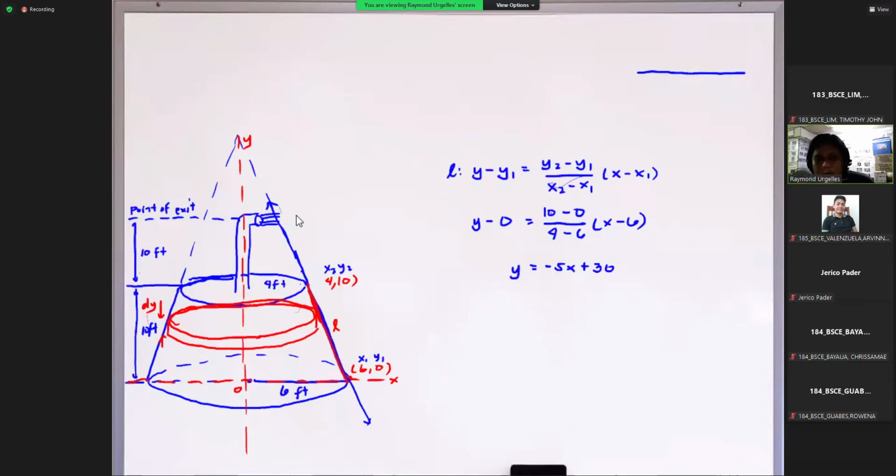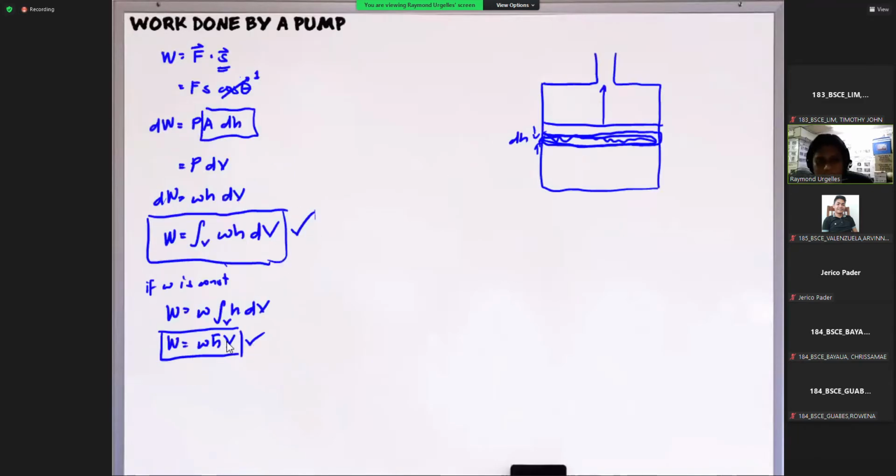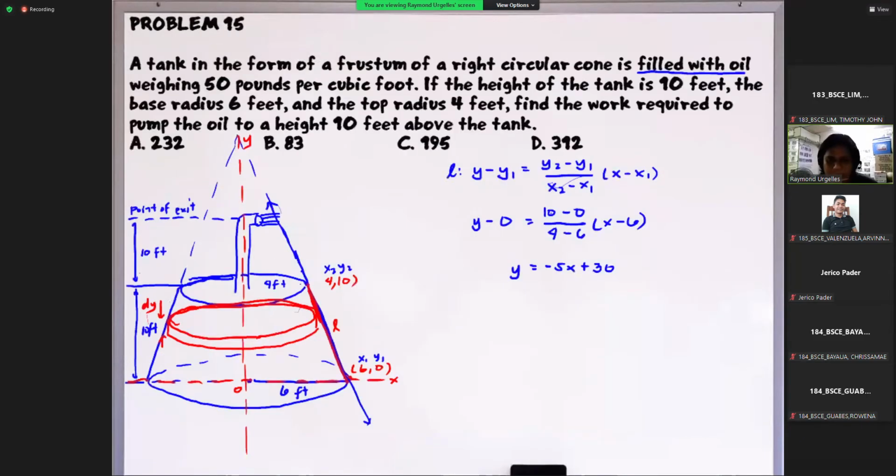Now the distance of this disk. Remember, in our equation, this is our h, the distance the volume must be carried up to the point of exit. Let's say this is our point of exit, which is 10 feet above the top of the tank.